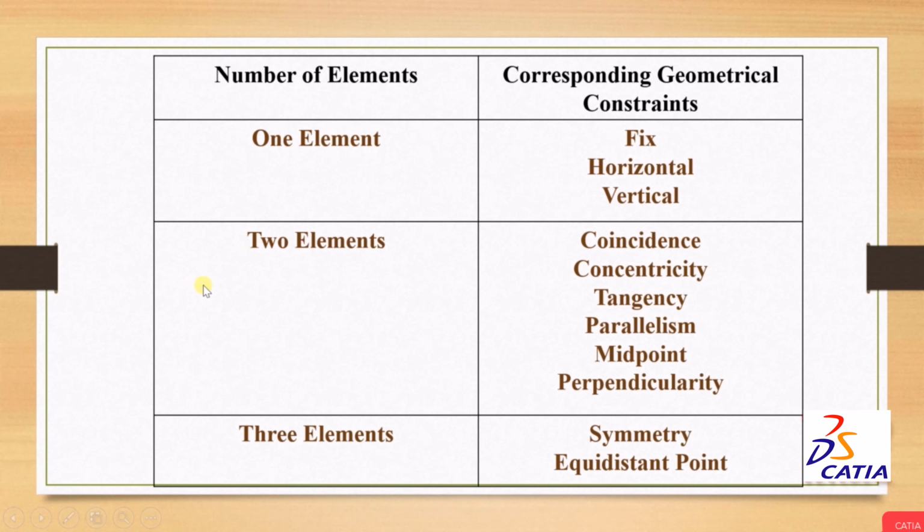And if we have two elements, like two lines or a circle and a line, in that case, we can apply these constraints: coincidence, concentricity, tangency, parallelism, midpoint and perpendicularity. And if we have three elements, we can insert symmetry or we can make them equidistant. So these are some of the examples of constraints.